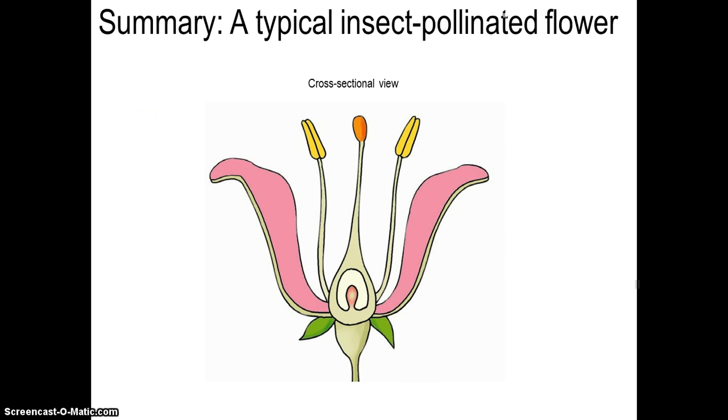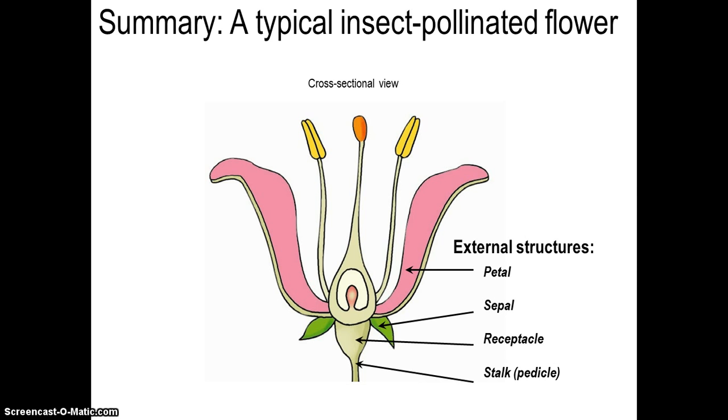Let's look at our typical insect-pollinated flower. The external structures, for example, the petals, sepals, receptacle, and stalk.